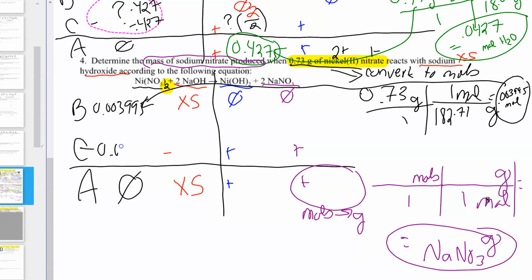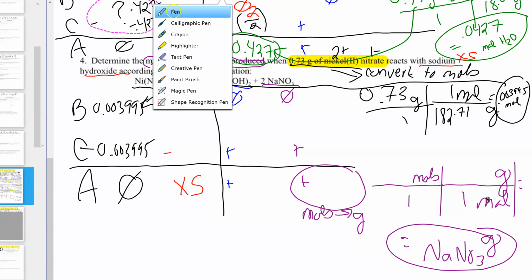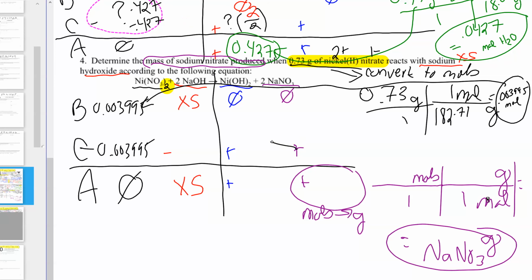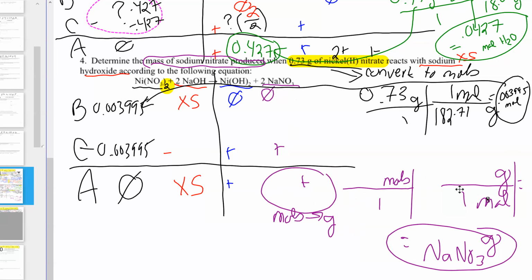So minus 0.003995. And they really are only asking about the sodium nitrate. So how much sodium nitrate am I going to be producing? I'm just going to move this over a little bit so I've got some more room.